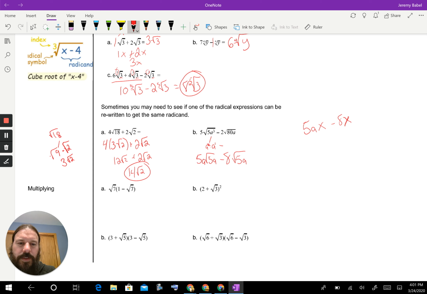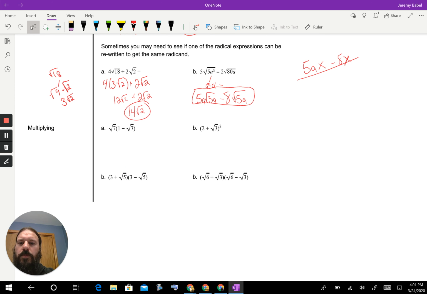Remember, I'm just replacing this square root of 5a with x. There's actually nothing that we can do to combine that because this is not the same, right? This is not just a number. 5a is 5 times a, so we can't really do anything about that. So actually, this one is as simplified as we'll get.